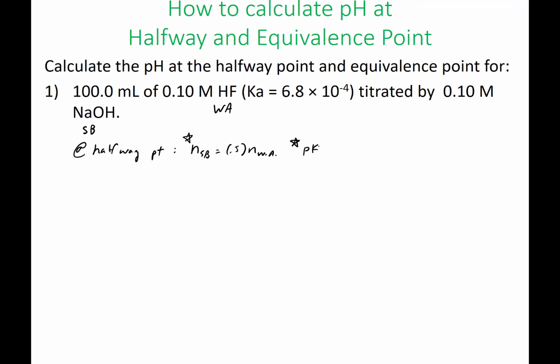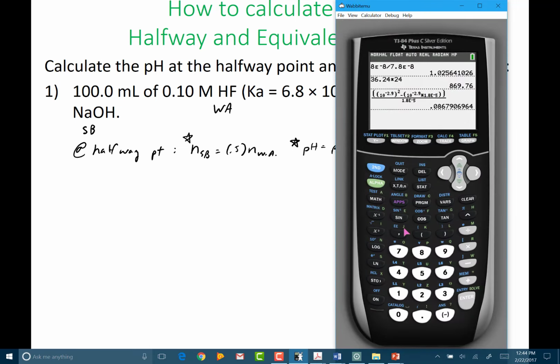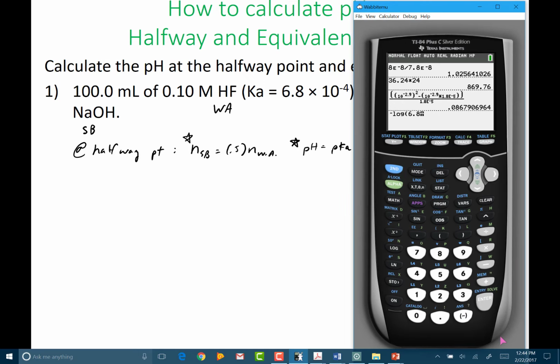So the pH equals the pKa. I just need to get the negative log of the Ka. So I'm going to take the negative log of 6.8 times 10 to the negative fourth.